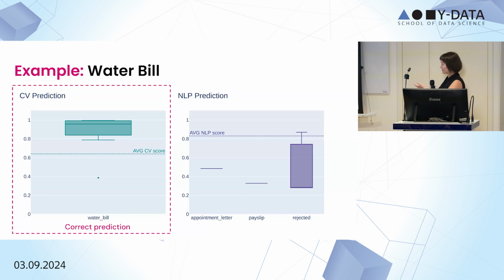And for the same documents, the BERT model was predicting something else. It was saying maybe it's an appointment letter, or maybe it's a payslip, or maybe it's a rejected document. But the average score for the NLP model was 83%, and all these softmax scores are much lower than 83%. So in cases like this, we would be using the computer vision prediction.